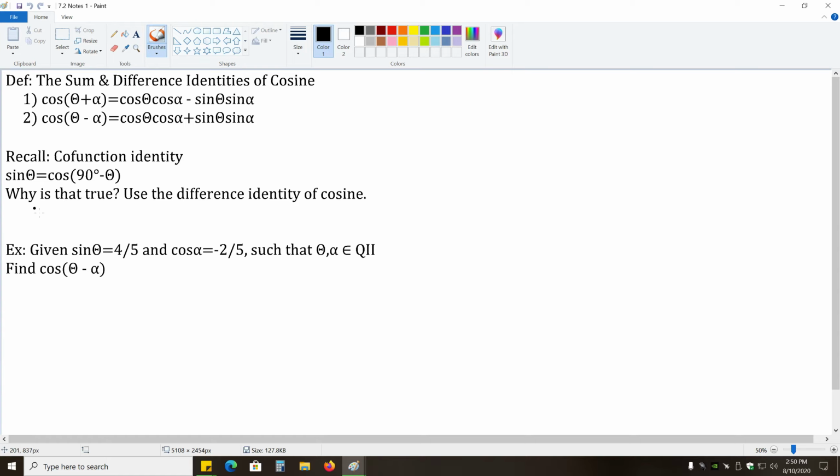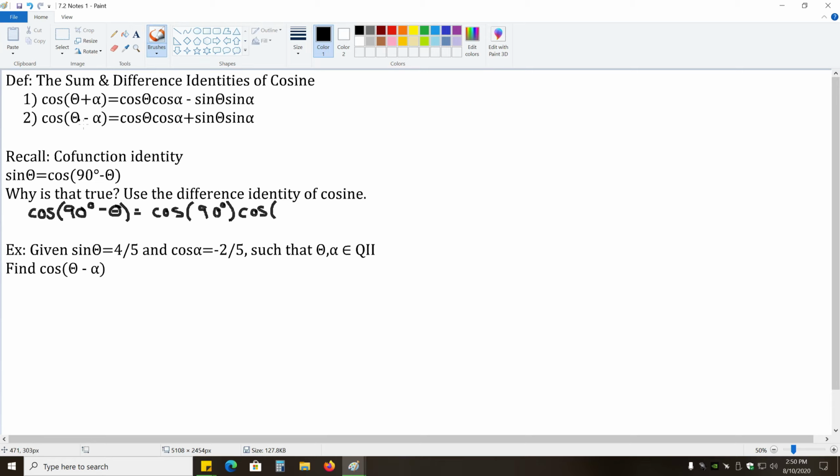So cosine of 90 degrees minus theta, according to our formula, says we are going to take cosine of the first angle, which is 90 degrees, and multiply that by cosine of the second angle. Don't get confused by the theta appearing twice in here.